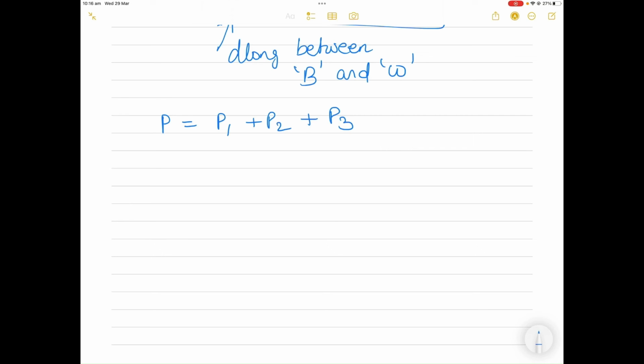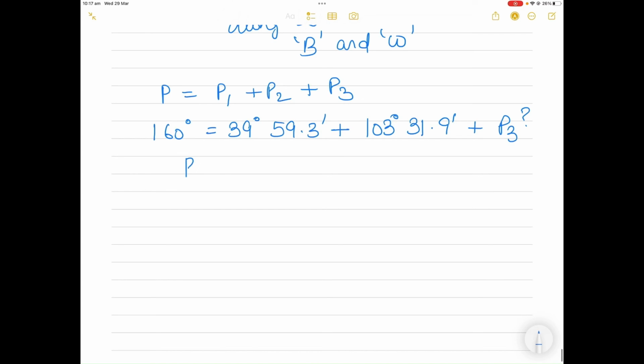P equaled 160 degrees, P1 was 39 degrees 59.3 minutes, P2 was 103 degrees 31.9 minutes, and P3 is my unknown, right? So all I have to do is just subtract 160 degrees minus 39 degrees 59.3 minutes plus 103 degrees 31.9 minutes. So P3 comes out to be 6 minutes.